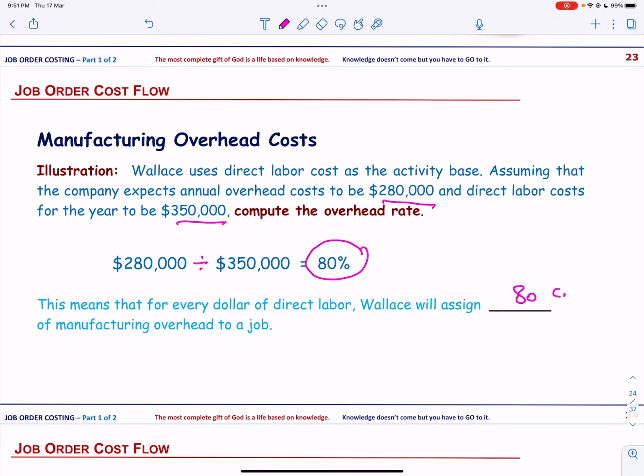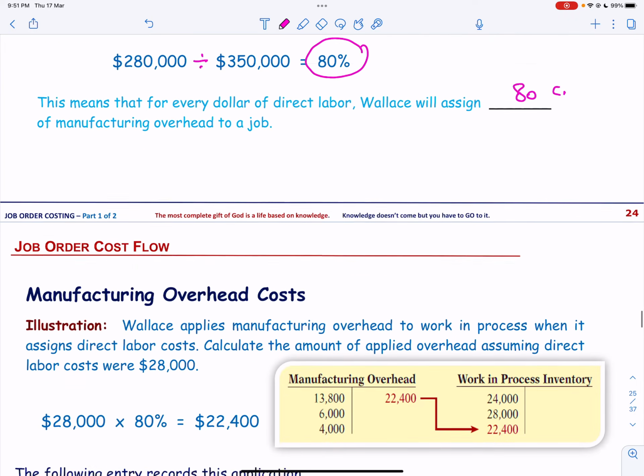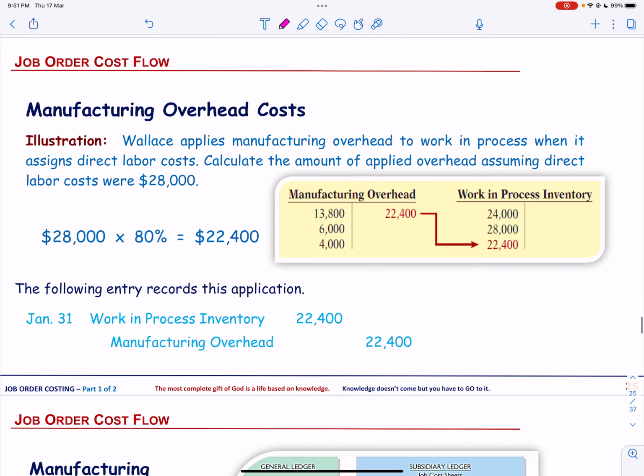Let us see how the job cost sheet for manufacturing overhead costs is made. A journal entry is recorded and then posted to the subsidiary ledger. We have to calculate the amount of applied overhead, assuming direct labor cost was 28,000.